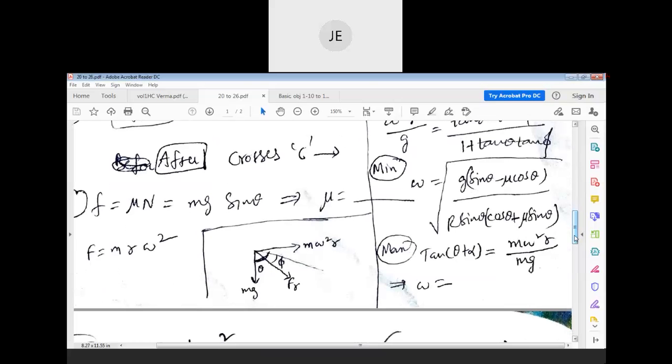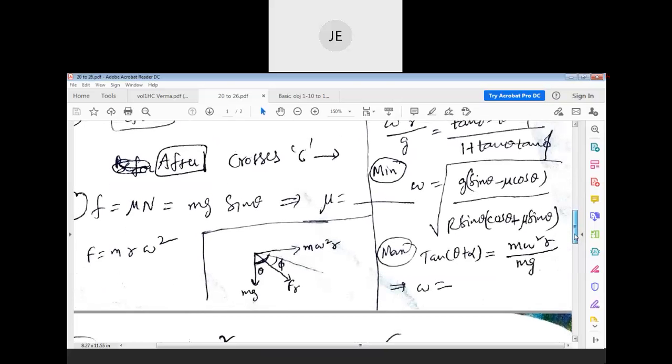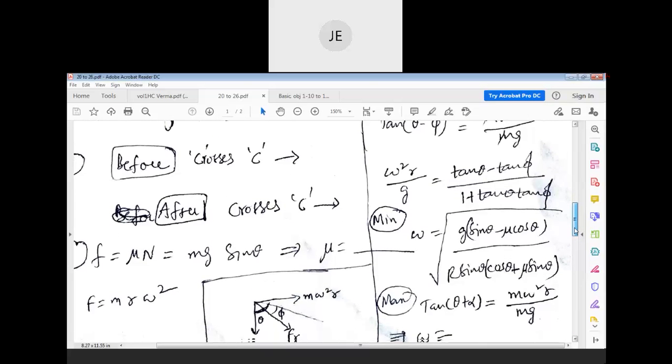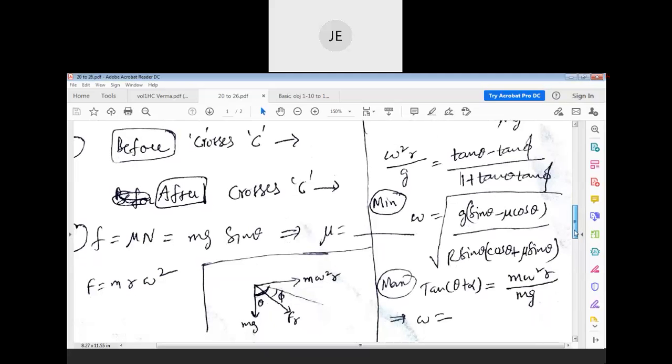Again you have to simplify using the tan a plus b formula, with tan theta as sin theta by cos theta and tan phi as sin phi by cos phi. You will get the maximum angular speed, and minimum to maximum is the range of angular speed. That is the answer.